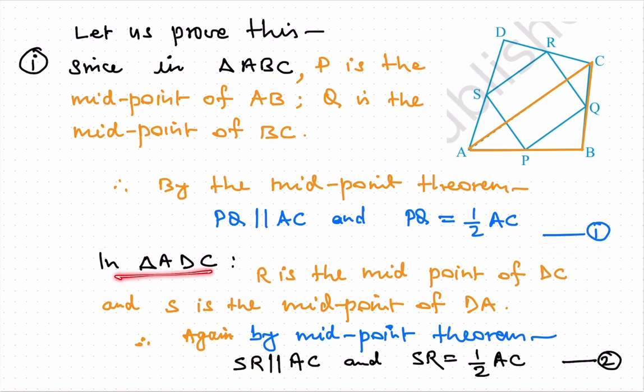Now in triangle ADC, we already know that R and S are the midpoints of CD and DA respectively. Therefore, again by the midpoint theorem, SR will be parallel to AC, and SR will be equal to half of AC. So we have equation 2.